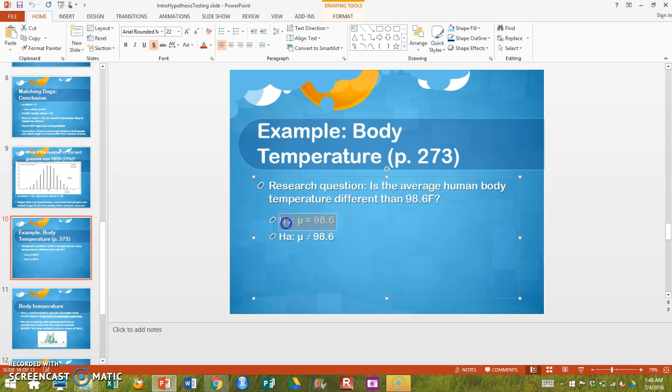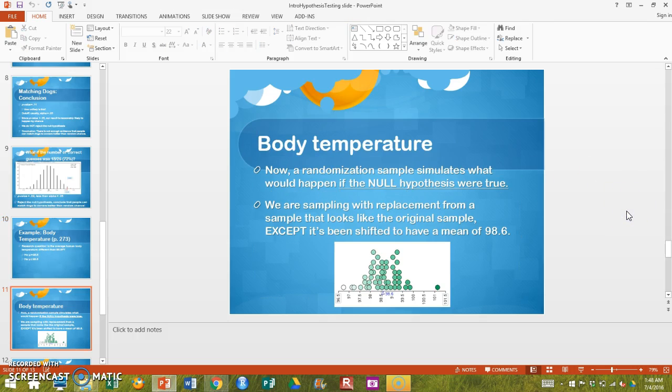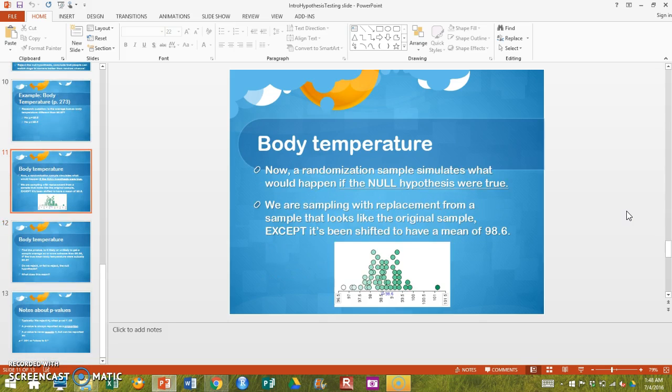And therefore, the null hypothesis, the uninteresting result, the status quo result, is that the mean population body temperature is 98.6 degrees. And what you will do in StatKey is do a randomization distribution just like we did here for matching dogs.